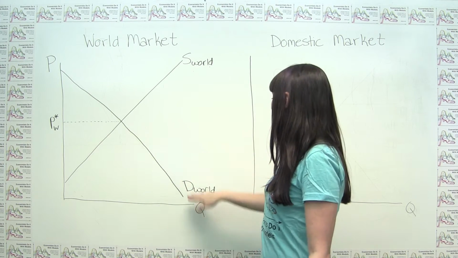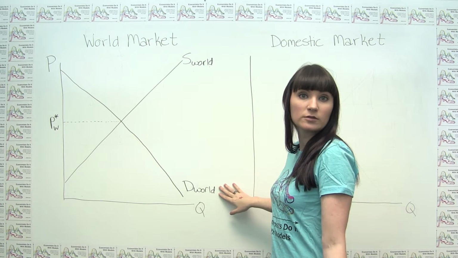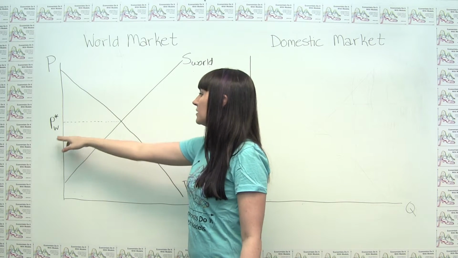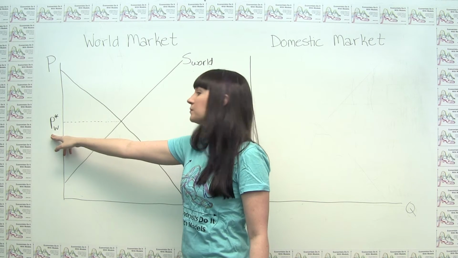And we would get some world demand that's downward sloping, as demand curves generally are. And it's the intersection of these that would actually determine the world price.